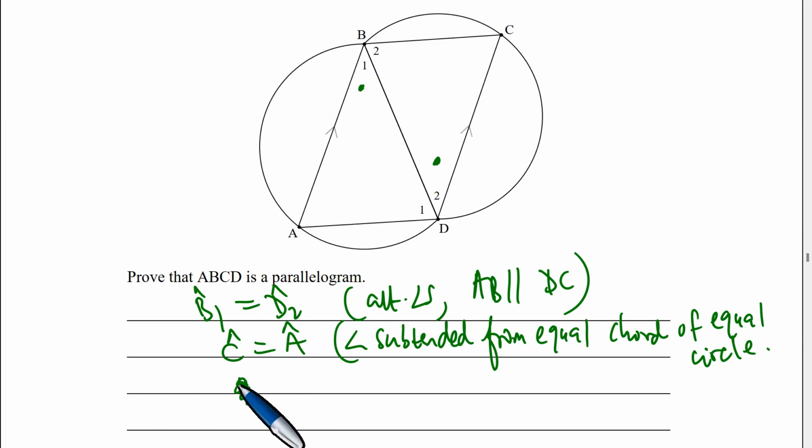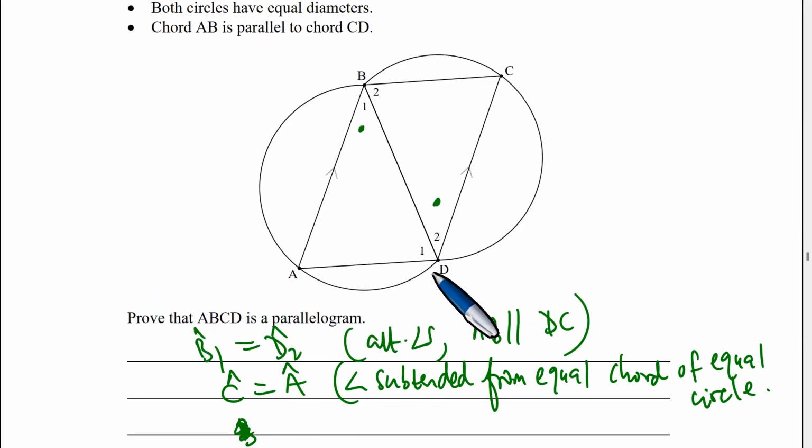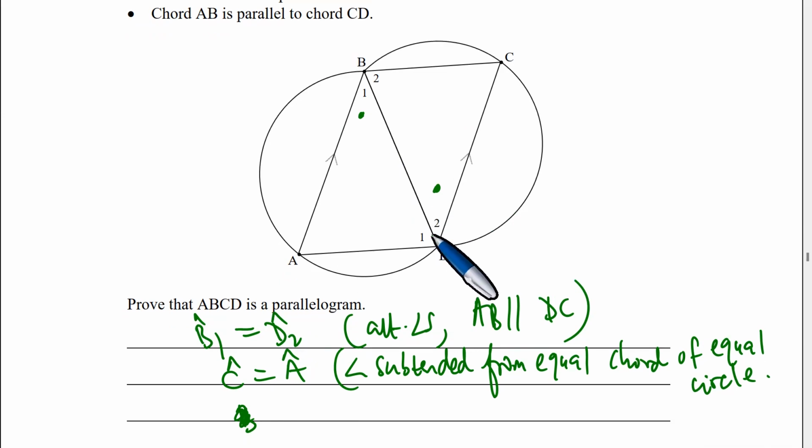Okay. But you're saying B2 and D1, right? Yes, sir. Okay, so obviously we agree that these are equal to each other. So B1 is equal to D2. A equals C, but you would need two angles.